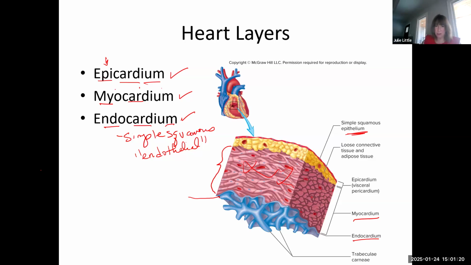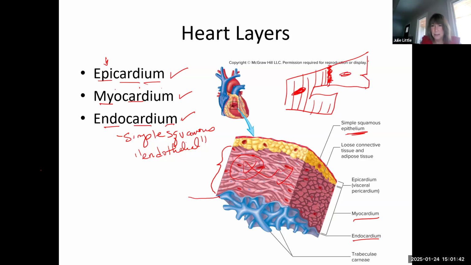Notice that if we looked microscopically, we would know that these little cells of the heart look like a pair of pants, and they're usually uninucleate, but can have more than one nucleus. They're striated, and when they attach to another cell, this area right here is very dark staining, and that's called an intercalated disc.